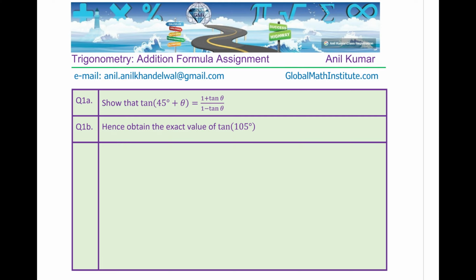I did not share with you the tan formula, so let me write that down now. If I have tan(A + B), it is equal to (tan A + tan B) divided by (1 - tan A tan B).